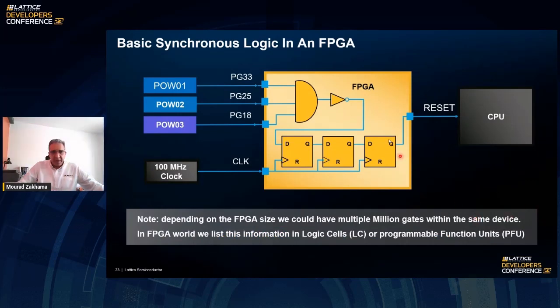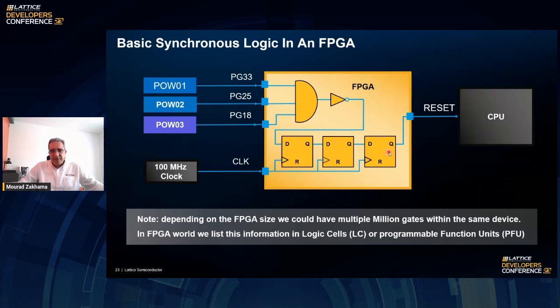So if we want to implement this in FPGA, we're going to have a similar circuit like we see here. So we have all these signals coming into the FPGA. We have the AND gate. We have the inverter that is not in the previous slide, and the output of the inverter will go through the series of flip-flops. So the first flip-flop will do the synchronization of this combinatorial logic to the clock domain, to the clock.